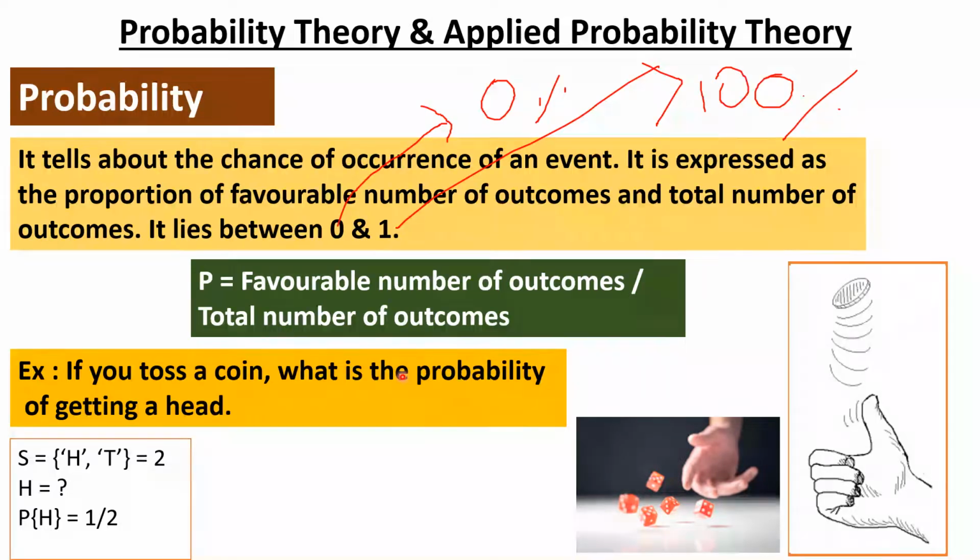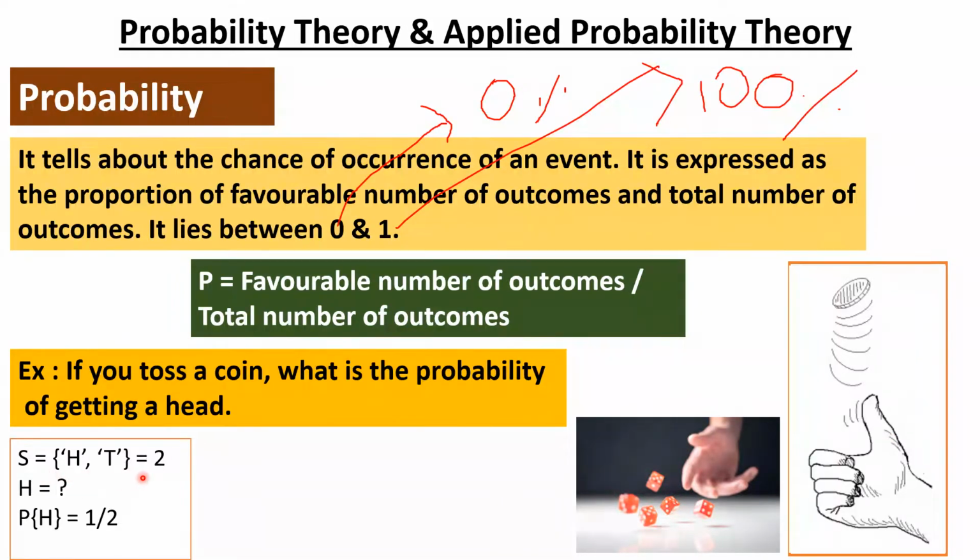If you toss a coin, what is the probability of getting a head? I think you can see this image, where a guy or a girl is tossing or flipping a coin. The number of outcomes we get when we toss a coin is heads and tails, so there are two outcomes.